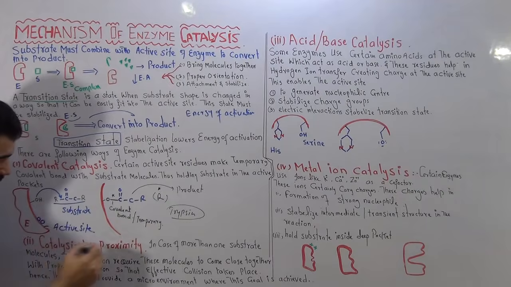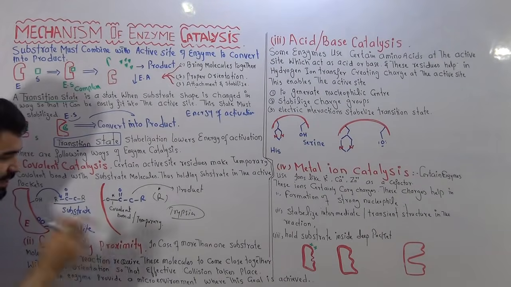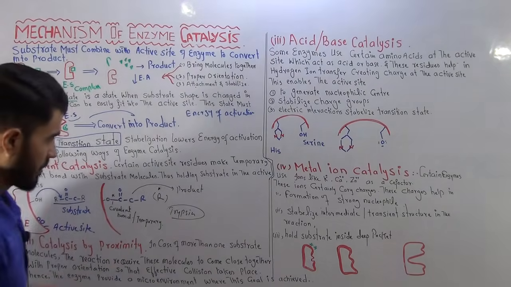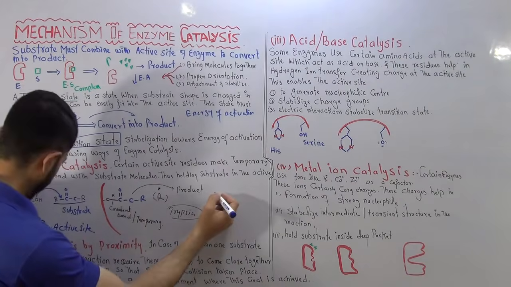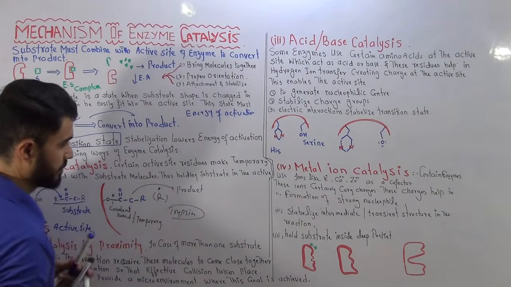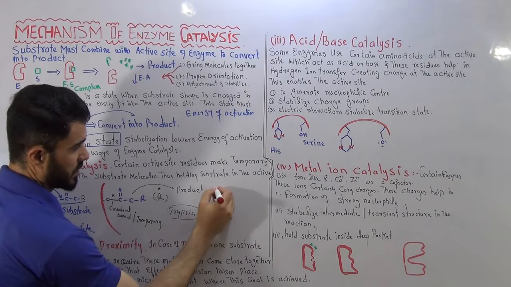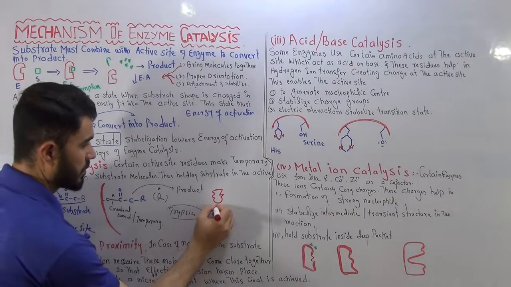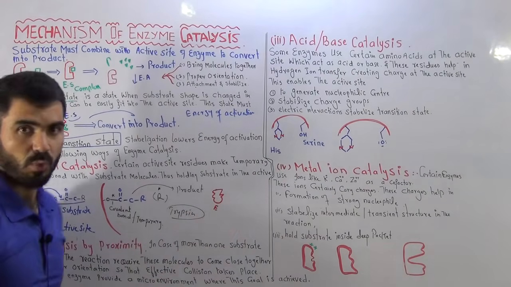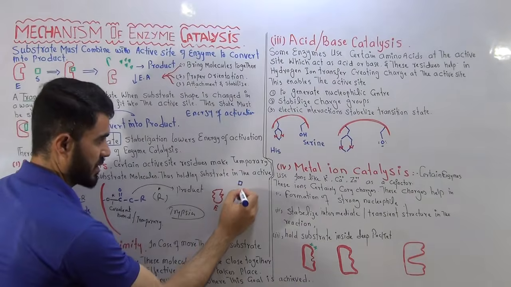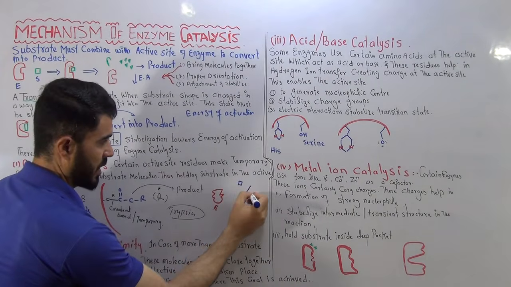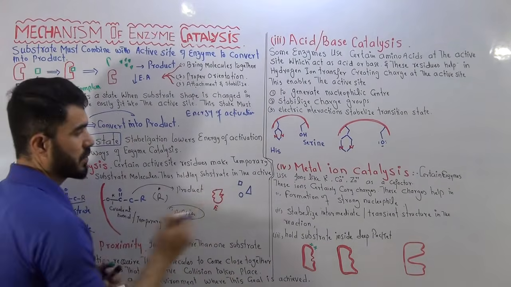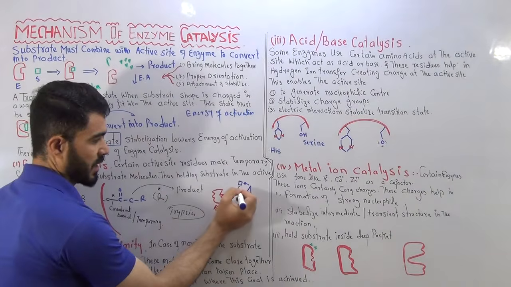Now come to catalysis by proximity. What is meant by catalysis by proximity? Sometimes when we have enzyme E, we have more than one substrate. Let's suppose this is one substrate, this is another substrate, and this is another substrate. We want these molecules to react with one another.